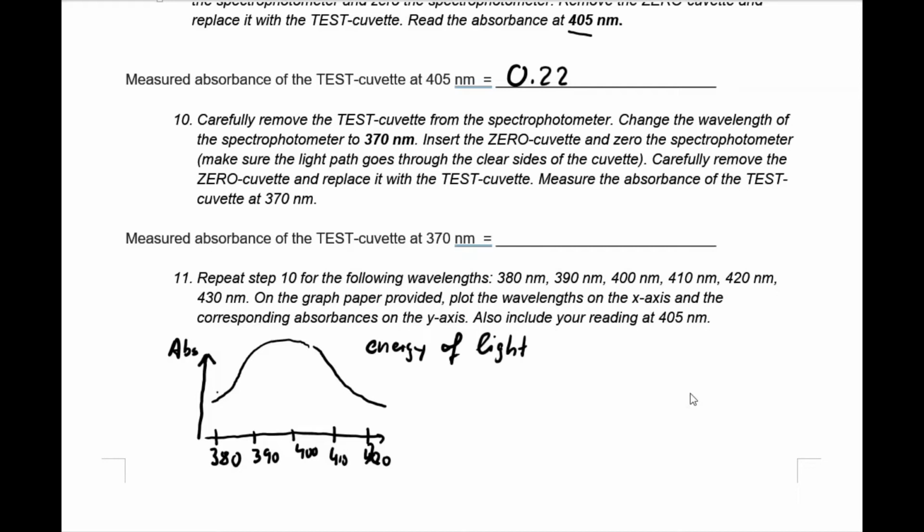And the light at 380 nanometer is probably not in the best position. Likewise, at 420 nanometers, the energy is not right. So we would really need the right energy, which is provided by the light in this range here.